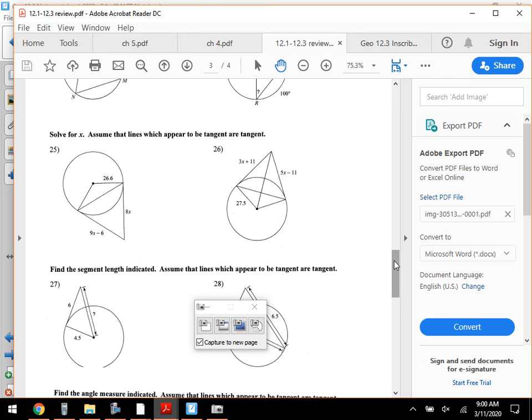Nope. They're there to annoy you. So all you would have to do, since these are external tangents, is those sections have to be equal. 3x and 11, 5x minus 11. That kind of stuff. The extra piece inside the circle is not needed. 23, 24 are kind of the same.